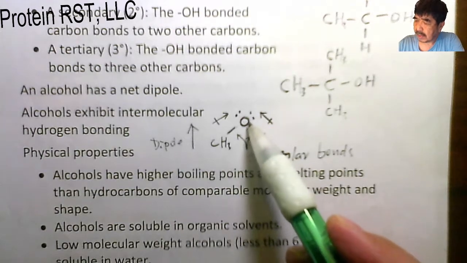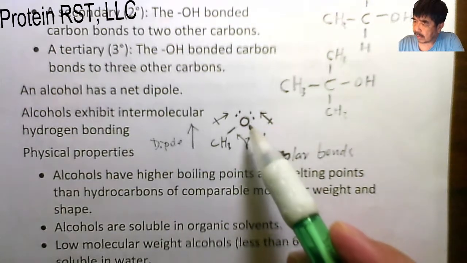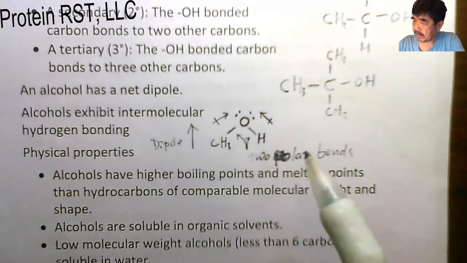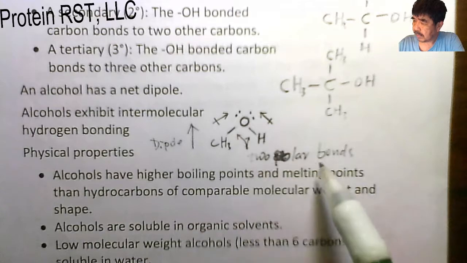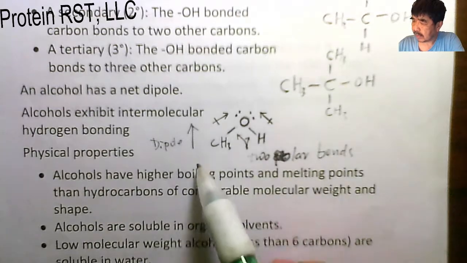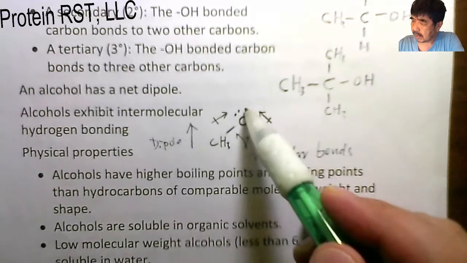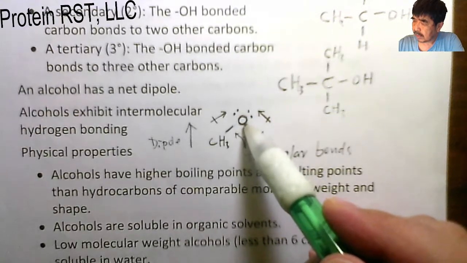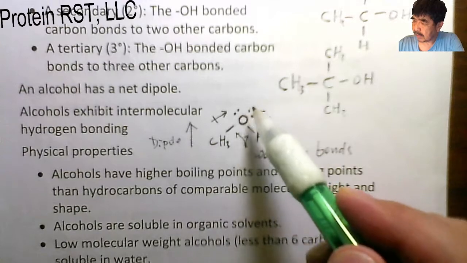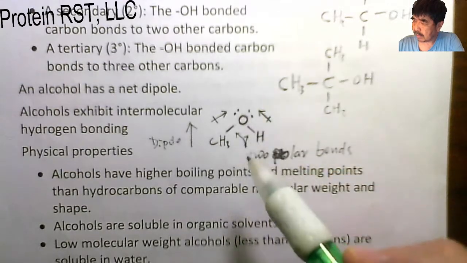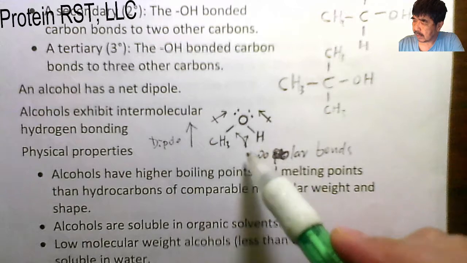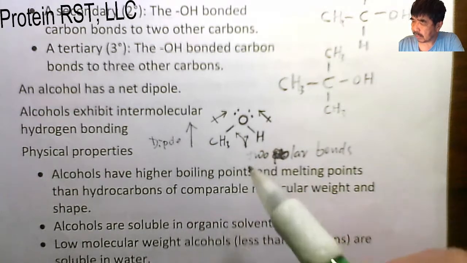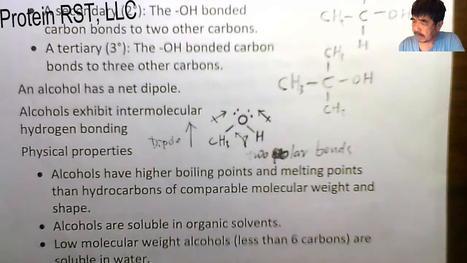Oxygen has higher electronegativity than carbon and hydrogen, so there are 2 polar bonds. It's the dipole. The oxygen side is partially negative, and the carbon and the hydrogen side are partially positive. This is the dipole here.